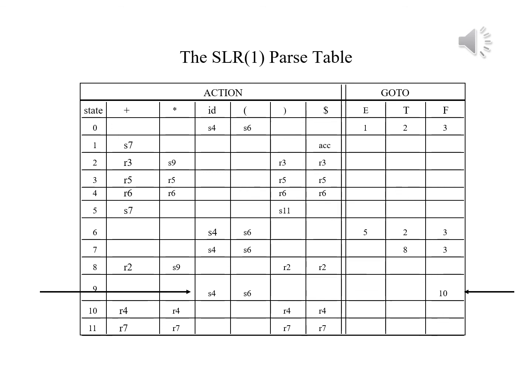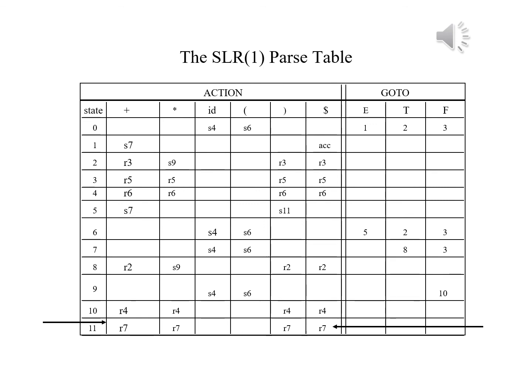And with term derives term times dot factor, we go to state 10 on factor. The only item in state 10 is a final item, T derives T times F dot. So the action on all 4 terminals in the follow set of T, which are plus, times, close parenthesis, and end of file marker, is reduce by production 4.